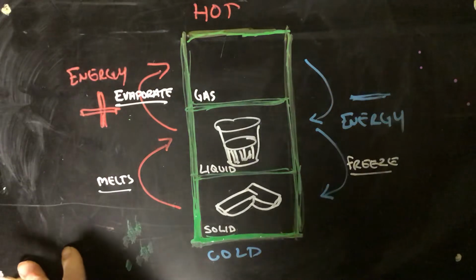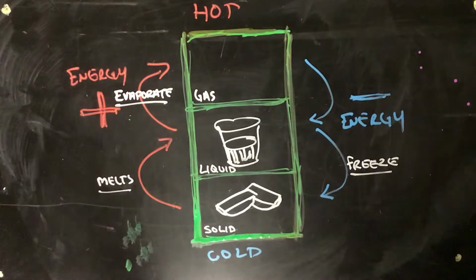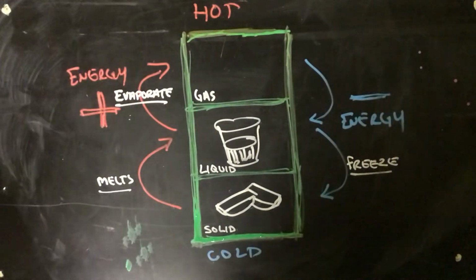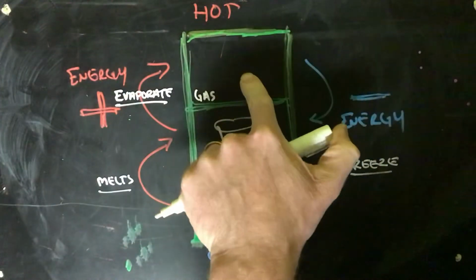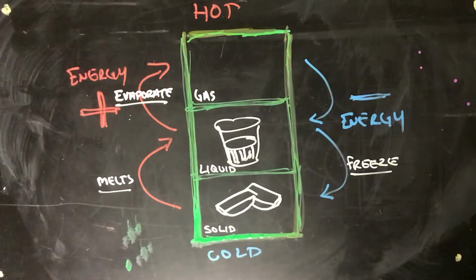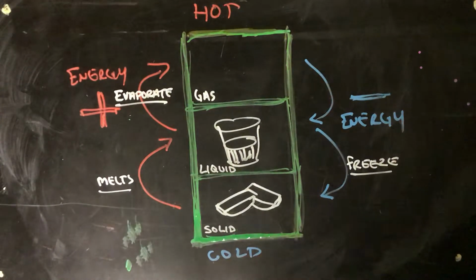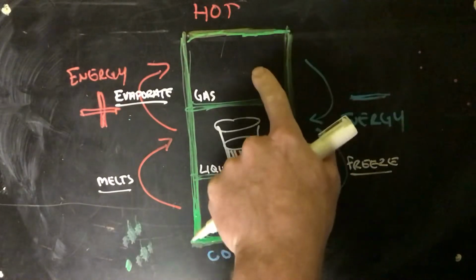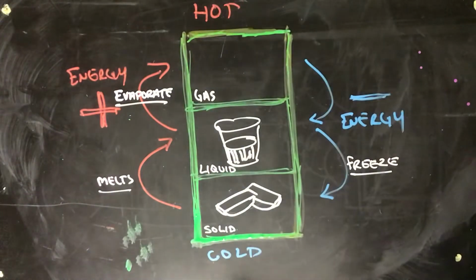Okay, and so here's the thing. When you think about water in its cycle, gaseous water is invisible. Okay, so the liquid form of water you can see, the ice form of water you can see, the gaseous state of water you cannot see, it's invisible.